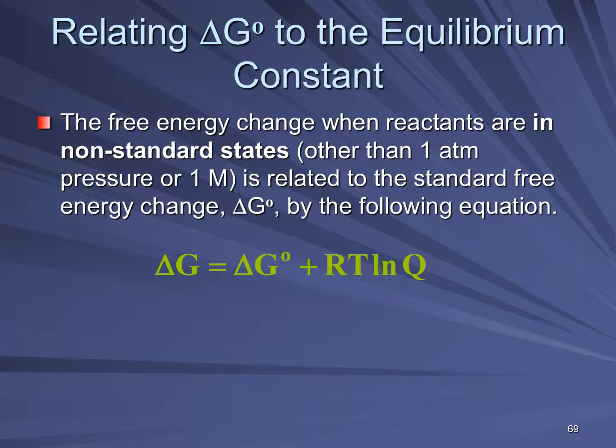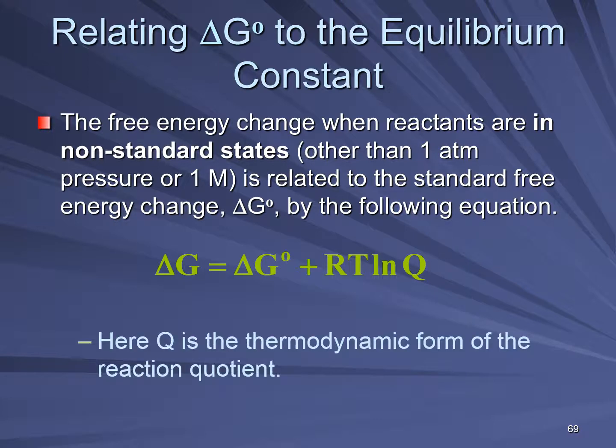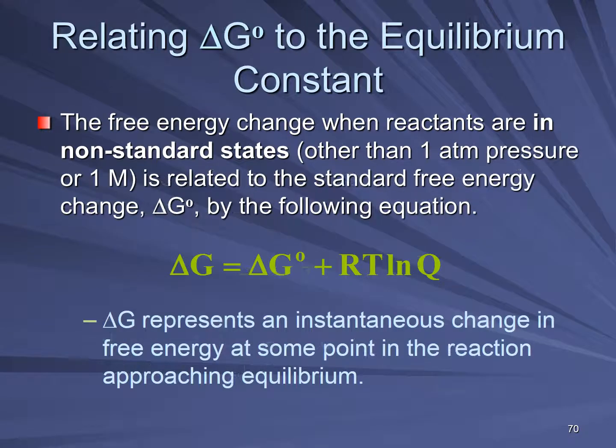So it was the initial products divided by reactants raised to their coefficients. Delta G represents an instantaneous change in free energy at some point in the reaction as it's approaching equilibrium. So we're not at equilibrium.